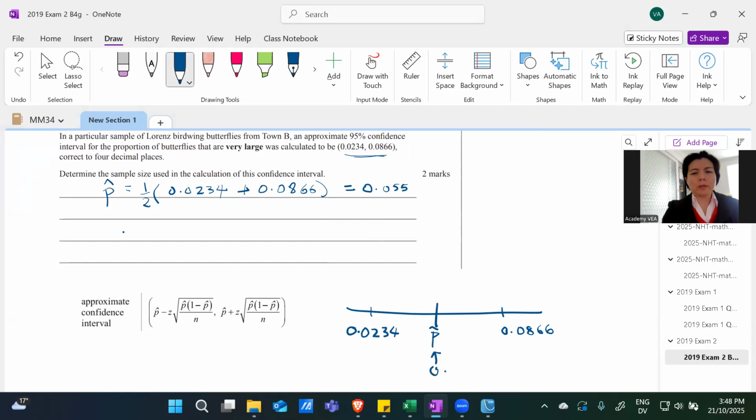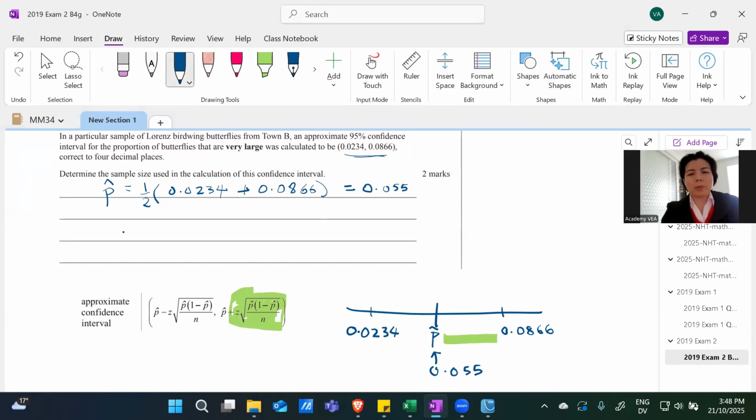So that is the beginning of our solution, because then what that means is this gap in here is actually equal to all this. You could do two simultaneous equations, but I think it's easier just to do one.